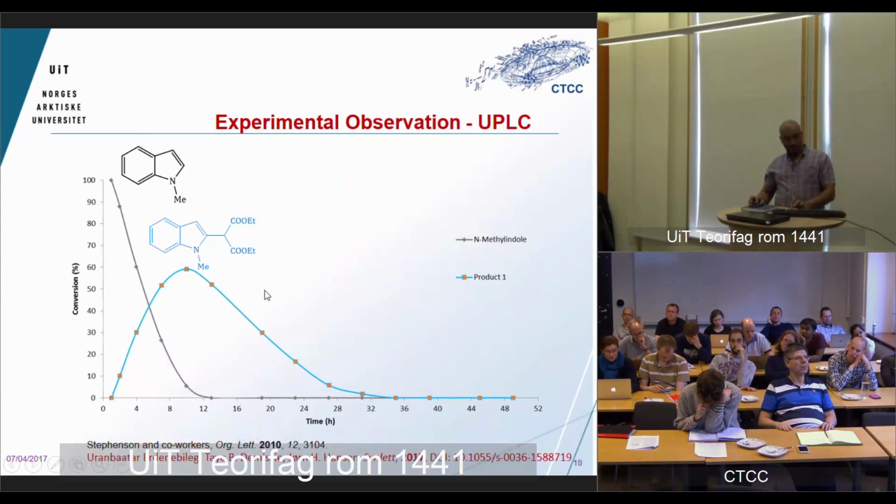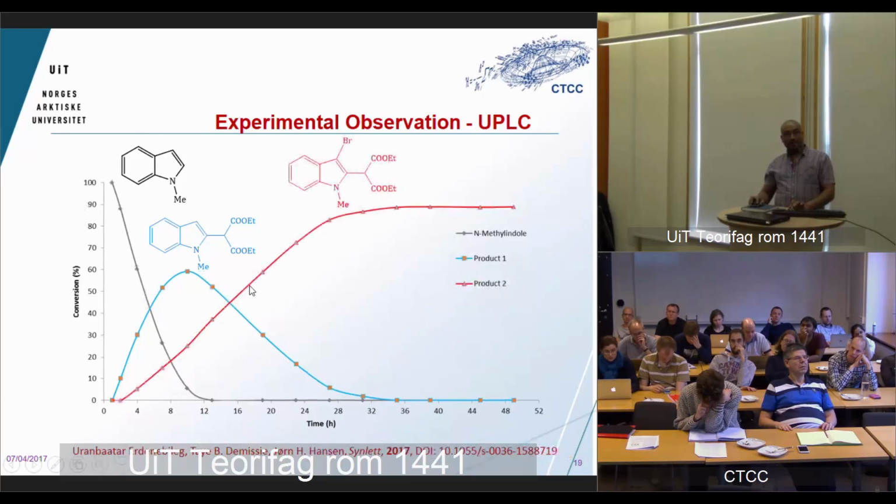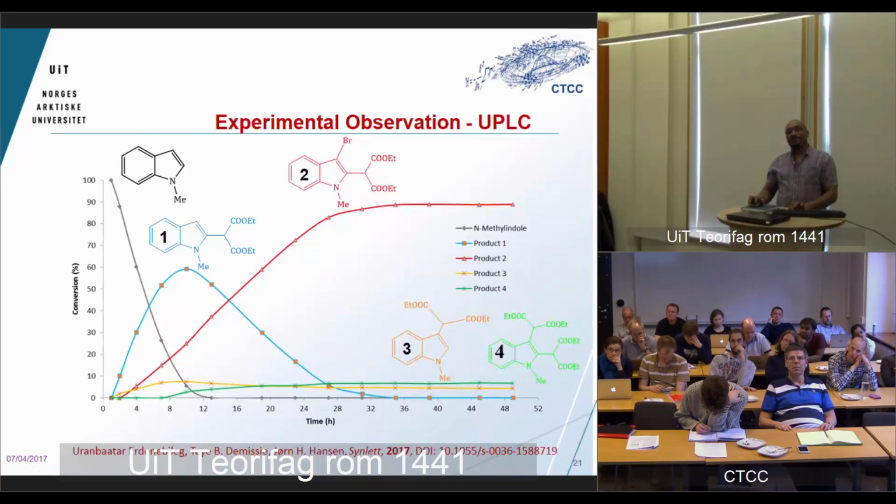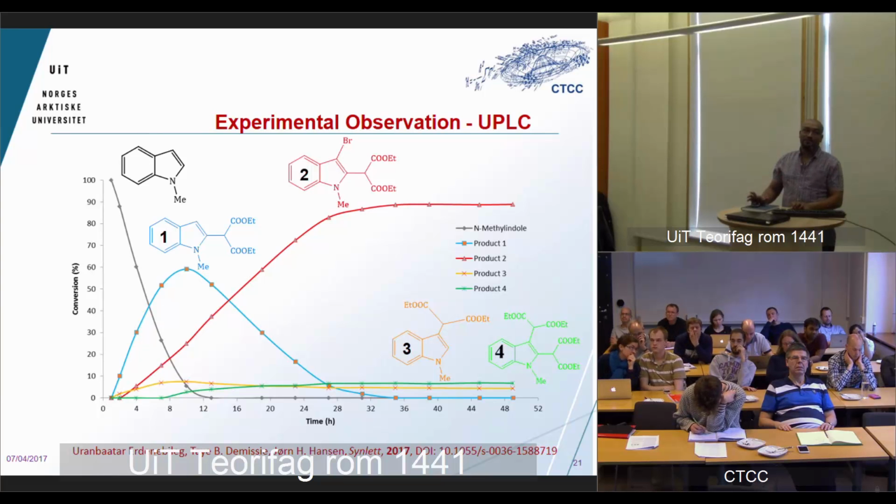If I start from this one, we have this one, the second one, the third, and the fourth one. This indicates that there may be two kinds of reaction paths undergoing the formation of these compounds. Most probably compound 2 can be formed from compound 1, and compound 4 can be formed from compound 3.